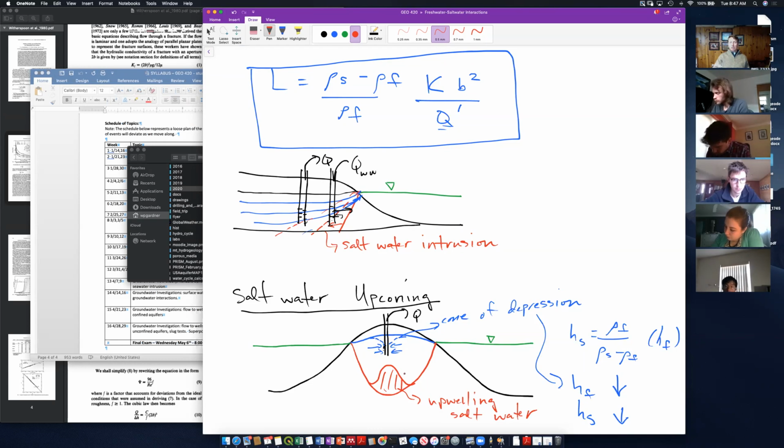And if you continue to pump, you continue to draw this cone down, you can get it so that the cone intersects your pumping well.